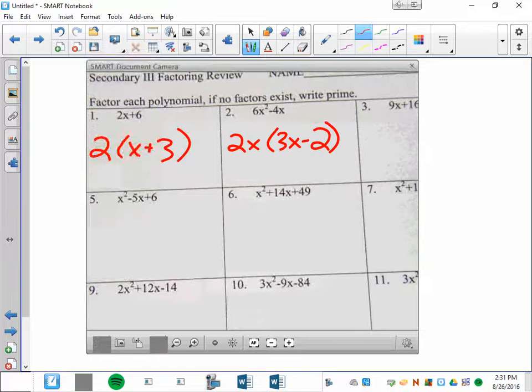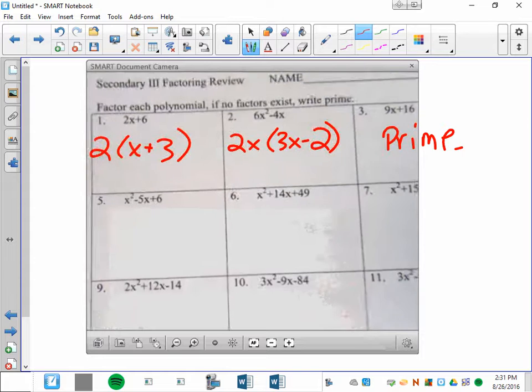Anybody have trouble with that? Okay. 9x plus 16. This is prime. It doesn't factor. Anything that doesn't factor is referred to as prime.